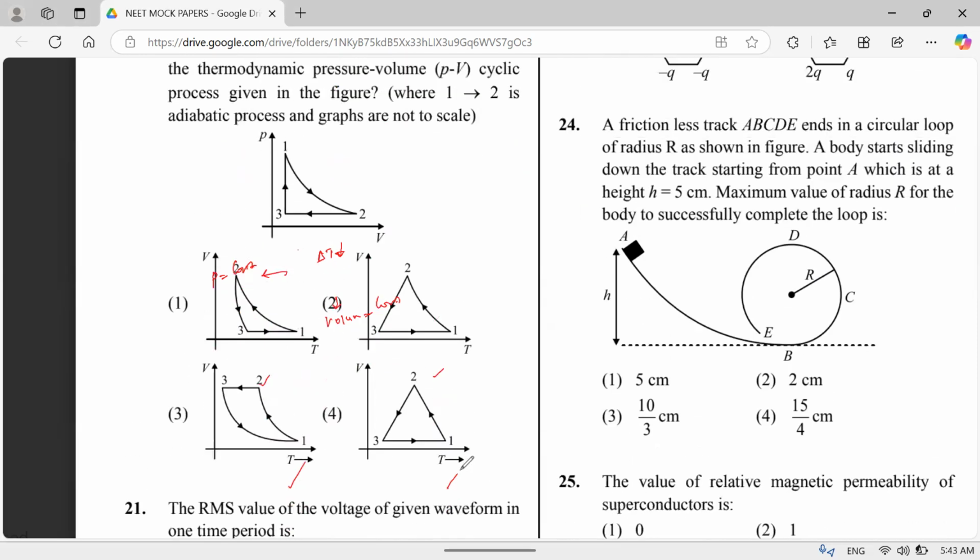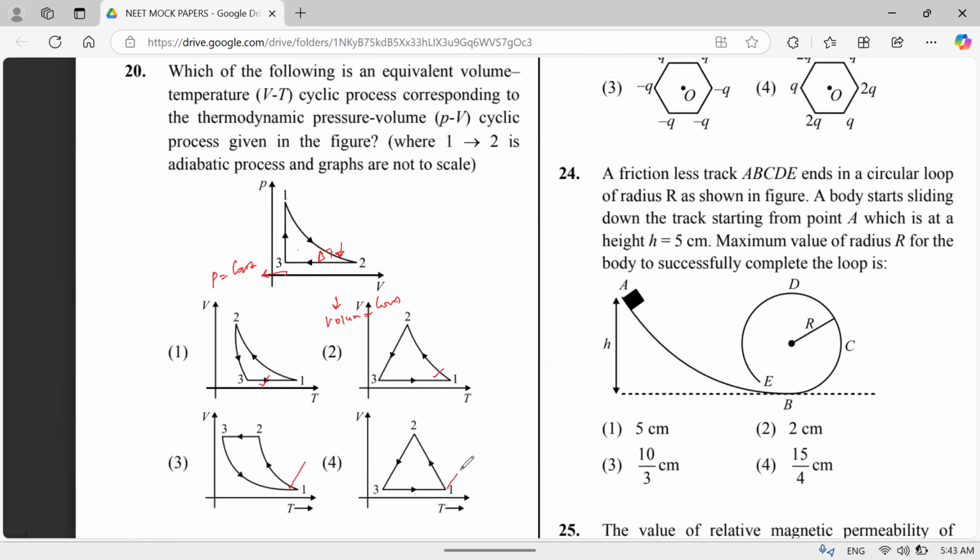In the first one, obviously, 3 is increasing. In the second one, from 2 to 3, what is constant? Volume. From 2 to 3, volume is not constant here. In the third option, 2 to 3 volume is constant.